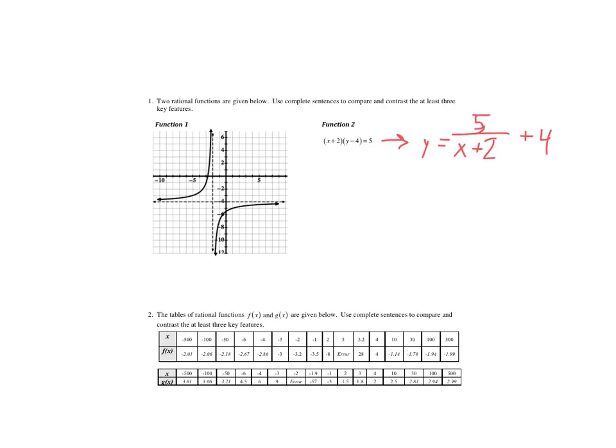Where are their horizontal asymptotes? So both graphs, horizontal asymptotes, well, not both graphs. Vertical asymptotes are the same, so let me change that. Vertical asymptotes are at x equals -2.